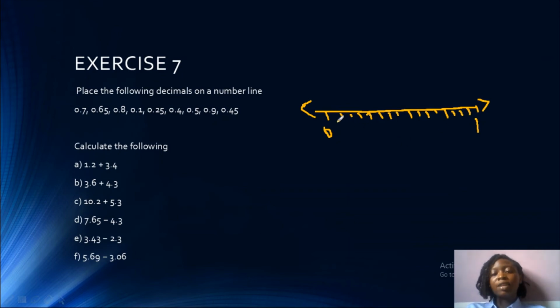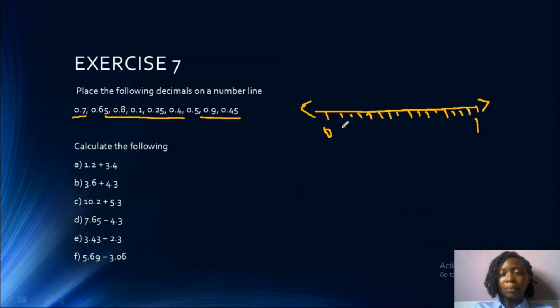So these are the several decimal parts we would have to meet. So from here we have 0. The next one depends on the intervals. So from 0 I have 0.1.